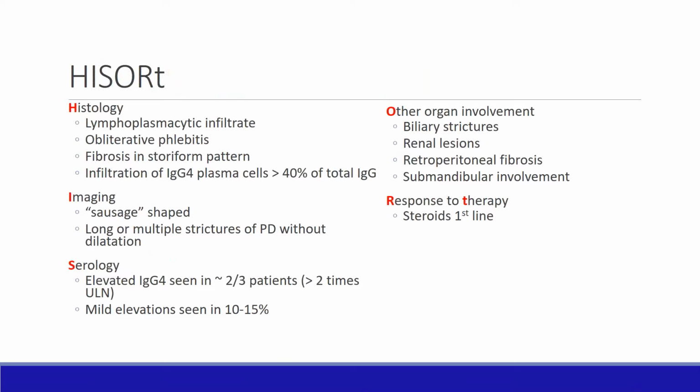Imaging, again, sausage-shaped pancreas, longer multiple strictures without dilatation. Serology, elevated IgG4. This is referencing more than 2 times the upper limit of normal, and we often see mild elevations. Other organ involvement, again, and then response to therapy.